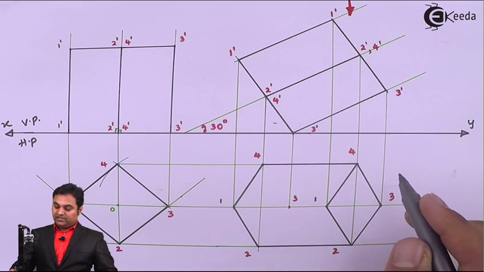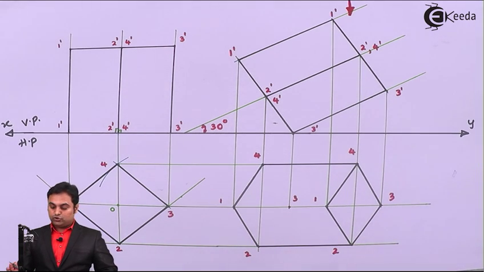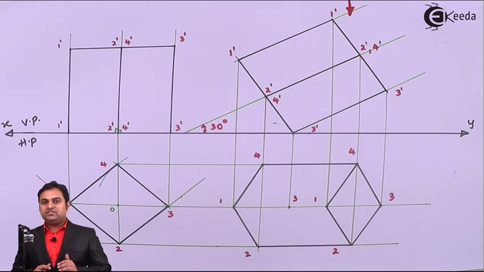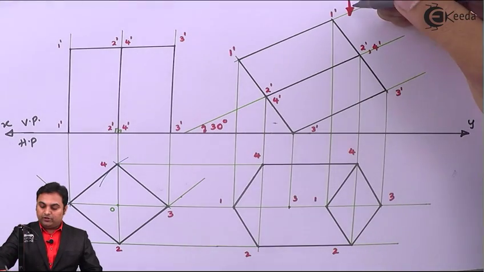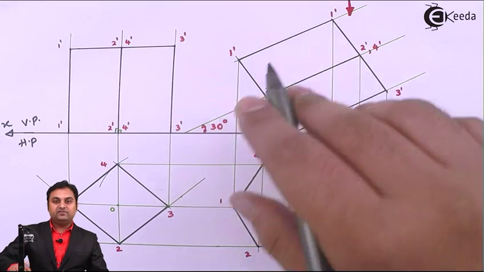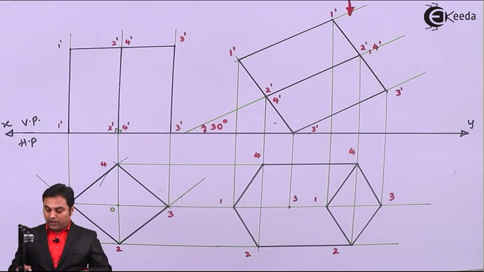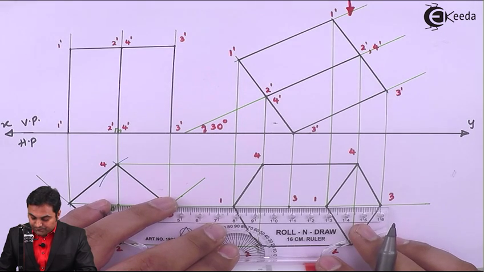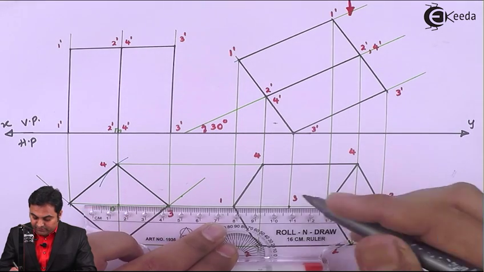Now, once I have drawn the outline for this square prism, next I will have to check from the visibility point of view which of the edge is visible. So when I am looking from the top, the closest edge is 1 dash 1 dash which will be visible. So I'll have to connect 1 and 1 with the help of a dark line as it is visible from top.